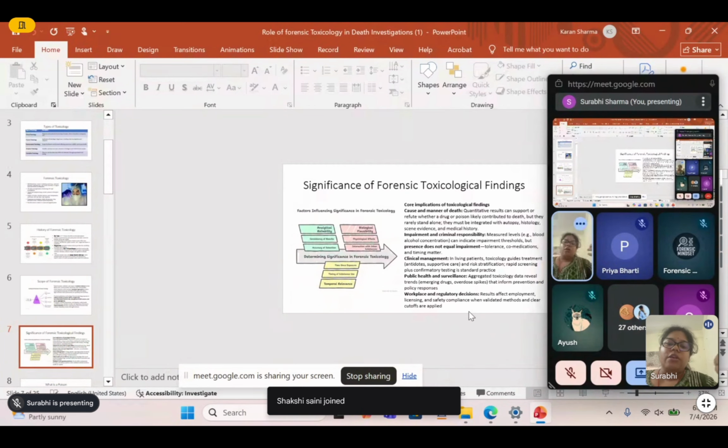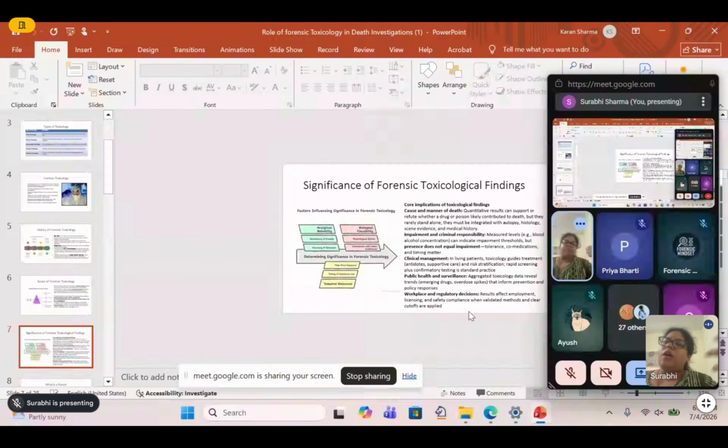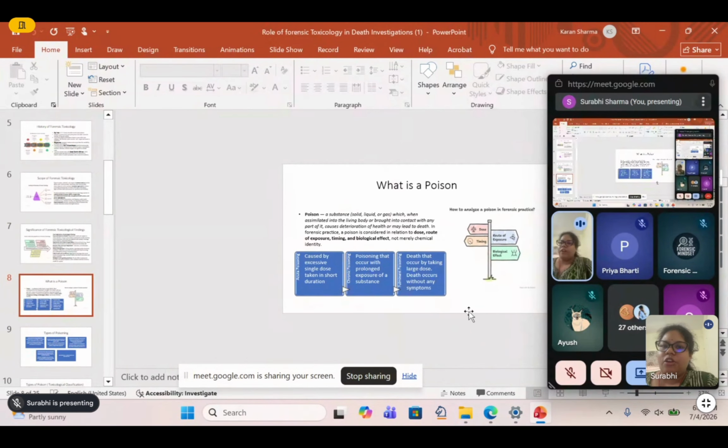The youth are abusing cannabis and alcohol, which in turn causes harm to their bodies. Then workplace and regulatory decisions affect employment, licensing, and safety compliance when validated methods and clear cutoffs are required. These are all the significance of forensic toxicology.